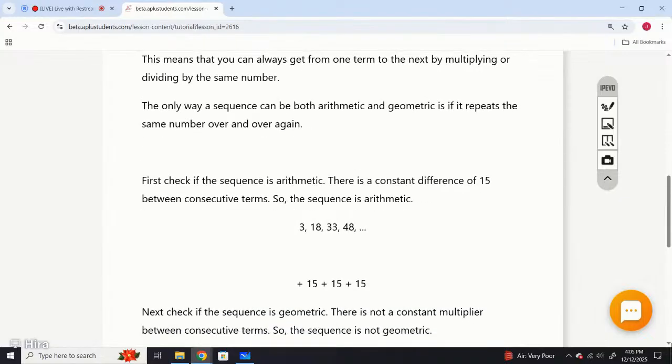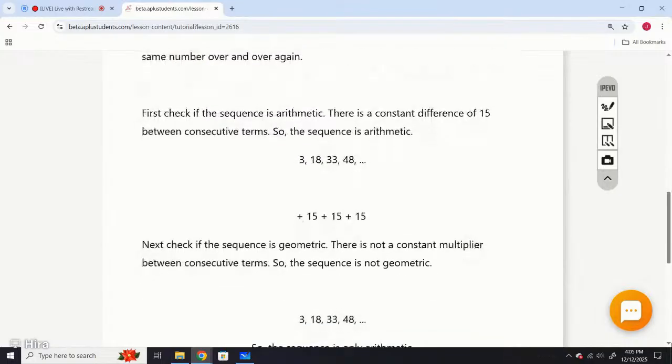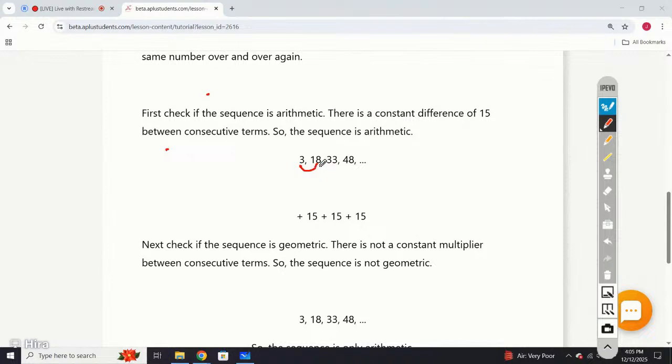So now look at the sequence: 3, 18, 33, and 48. We have 3 plus 15 is 18, 18 plus 15 is 33, and 33 plus 15 is 48.